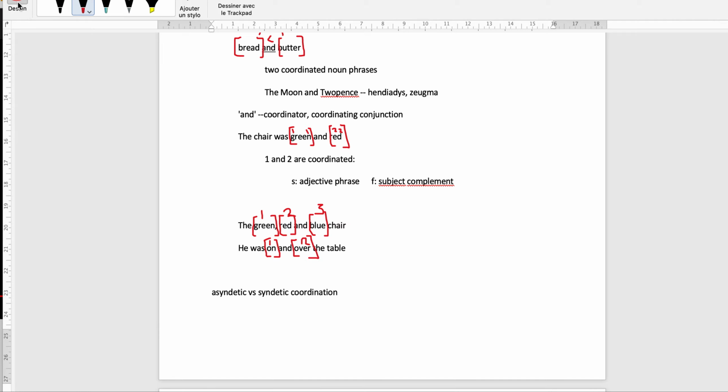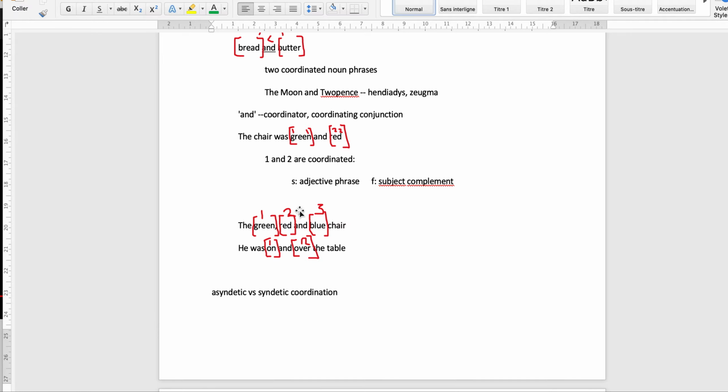Here I'll just give a short explanation. So here for this next one, we have 1 and 2, right? They are coordinated. Okay, and what are they? Here, notice they're actually prepositions.